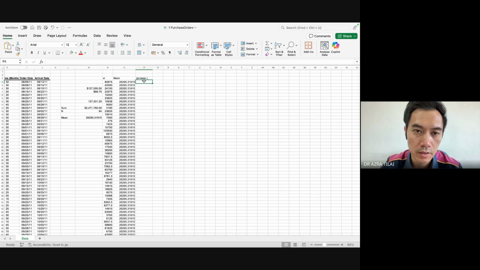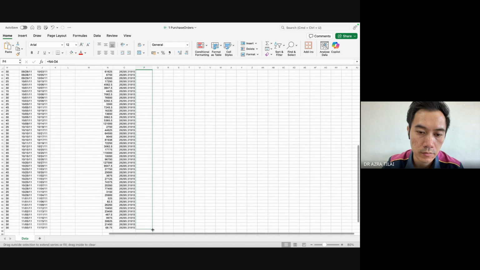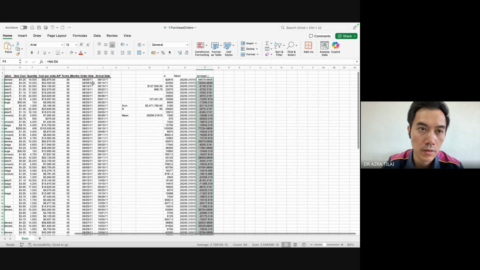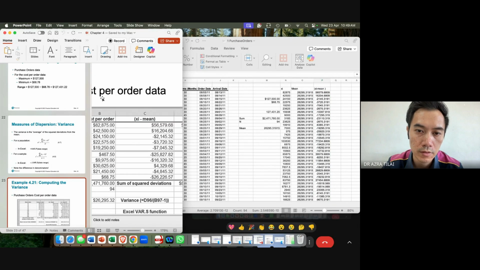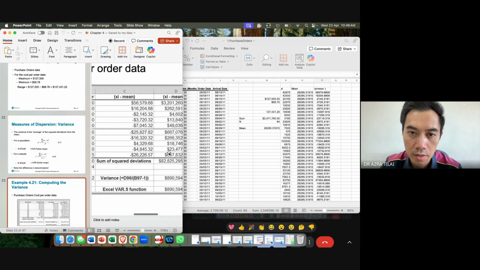So equal sign, xi minus mean, enter. Now drag everything. So there you have it. Let's see, is it the same as this? Yeah, it's the same. 56, 16, 21, okay, the same.